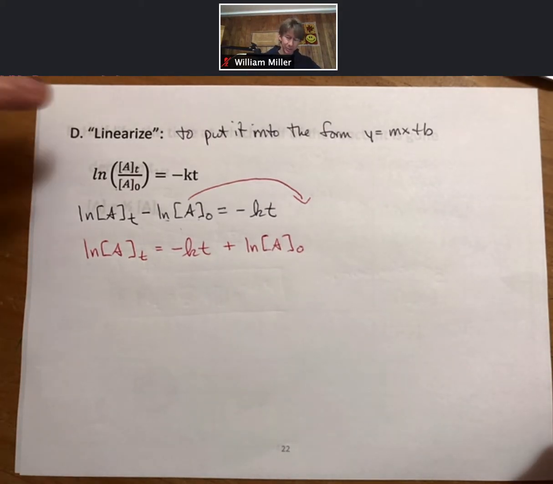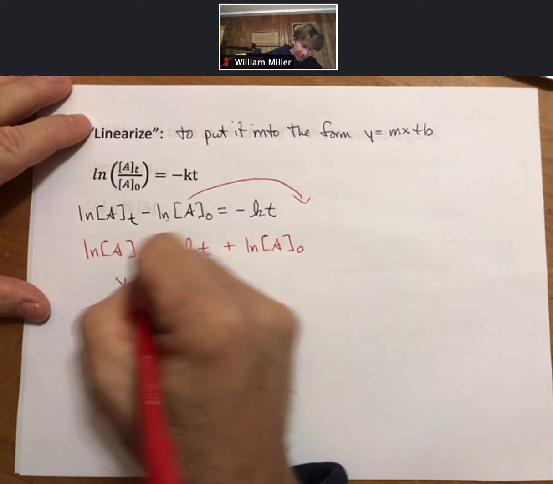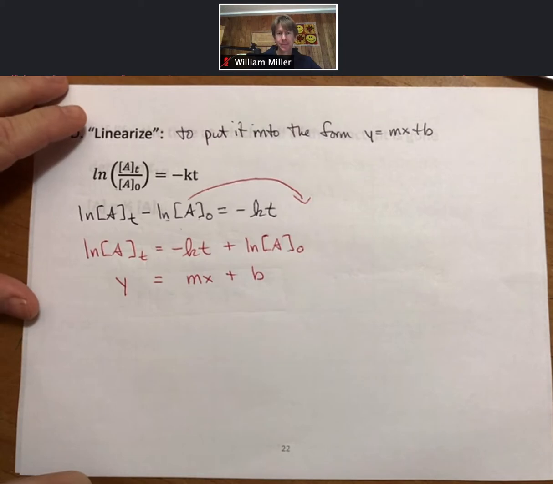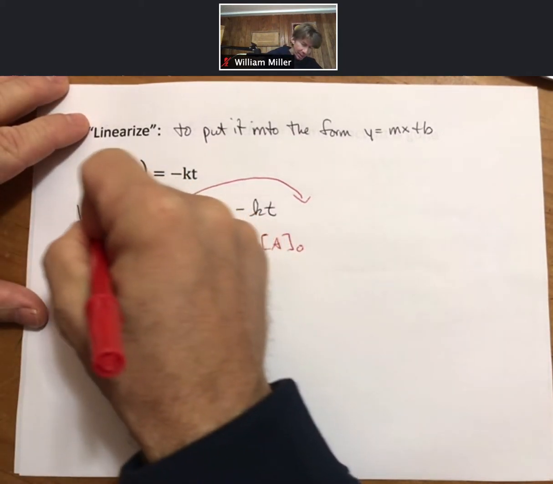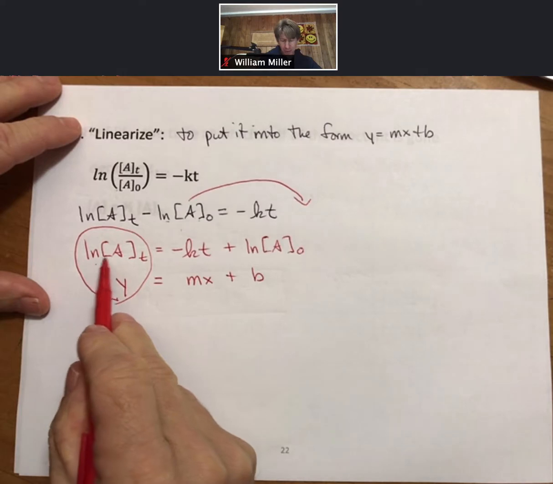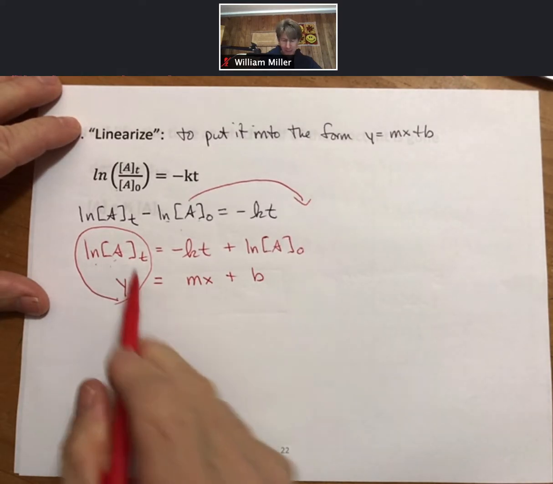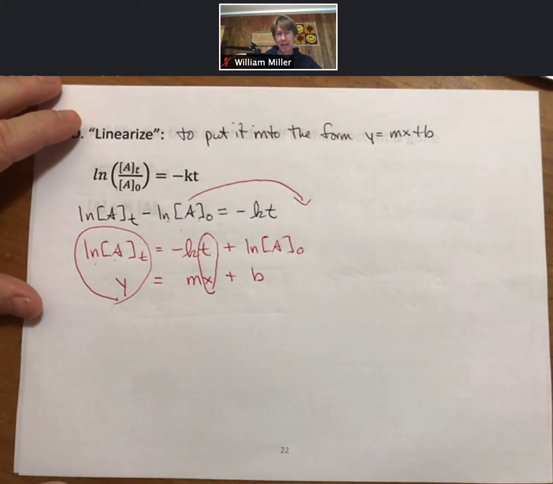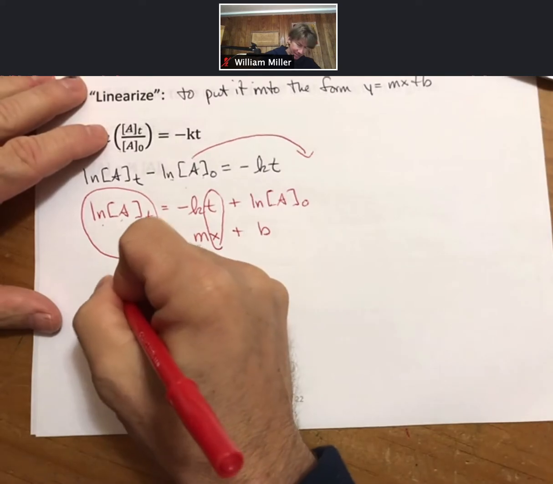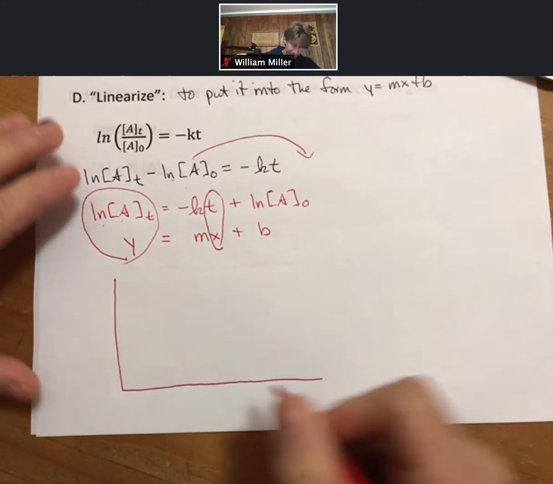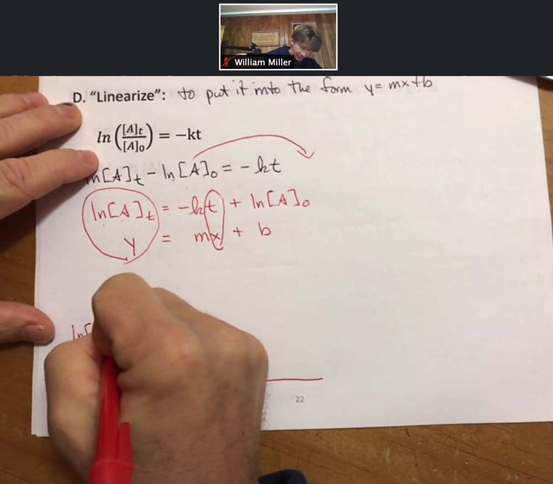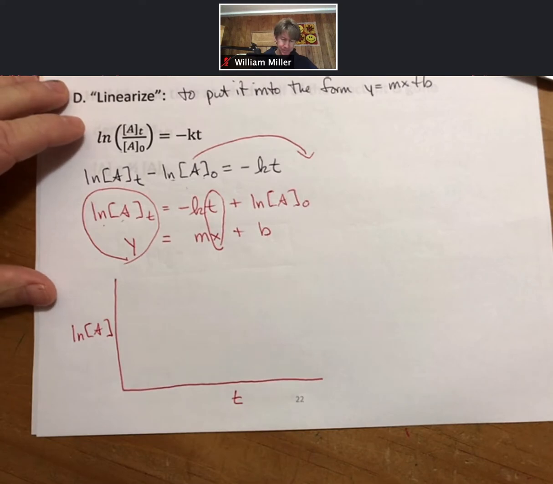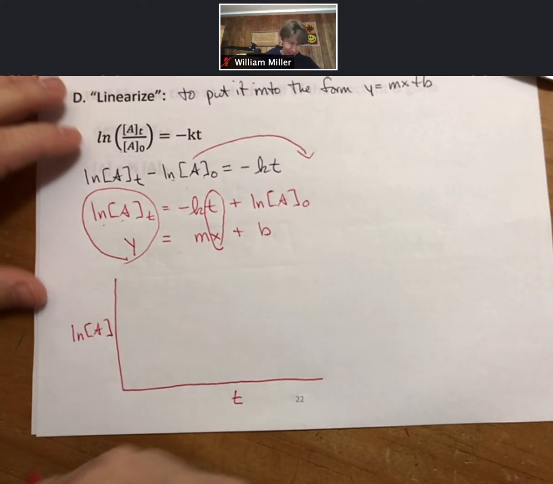This is the form of the equation of a line. So if I write under it y equals mx plus b, I can see that my y is going to be the natural logarithm of the concentration, that my x is going to be time t, which means that if I plot the natural logarithm of the concentration of A versus time, I will get a straight line.